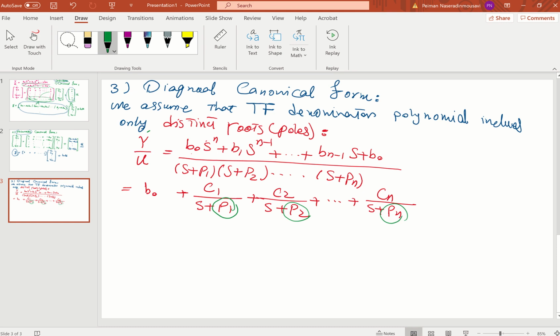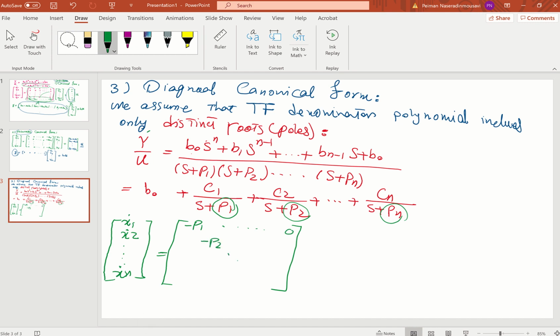So if you have that, the diagonal canonical form can be written as this: x dot 1, x dot 2, up to x dot n for an nth order system. That's right. Minus p1 goes to 0, and you only have diagonal elements, as its name implies, and the 0.